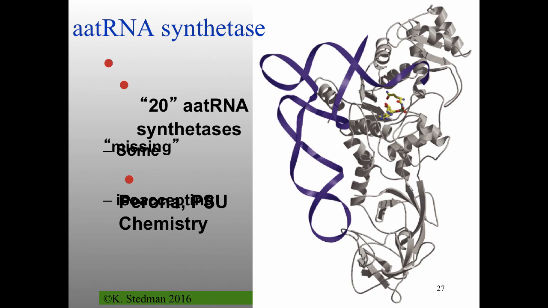You've got up to 61 different tRNAs because they're going to bind to each of the different codons that you have there. It's less than that because of the wobble in the genetic code. But it's the aminoacyl tRNA synthetase interaction with that amino acid which is the most important.